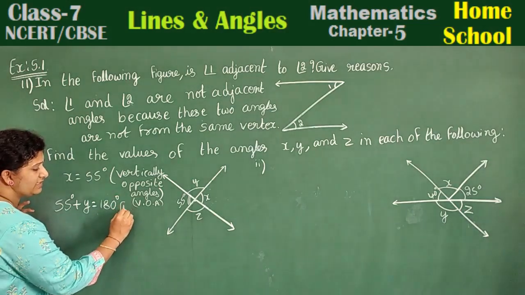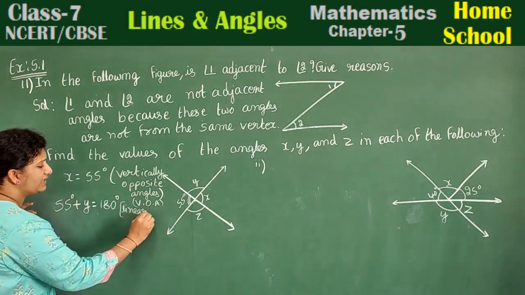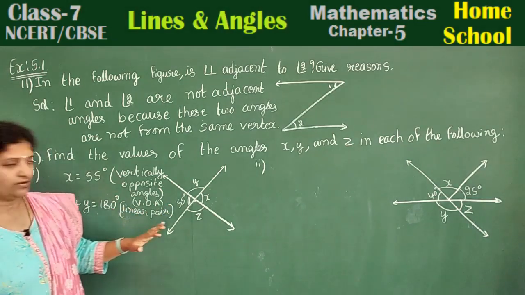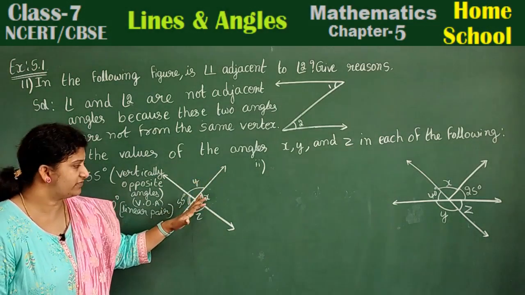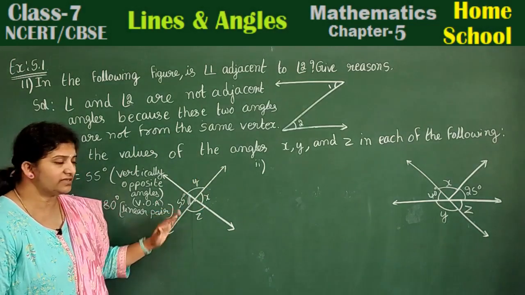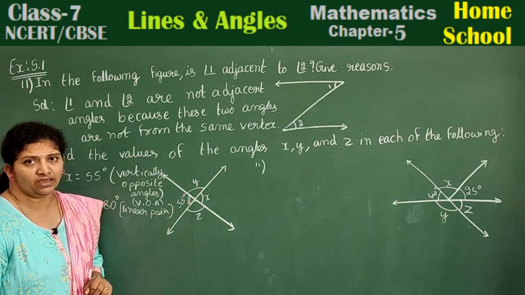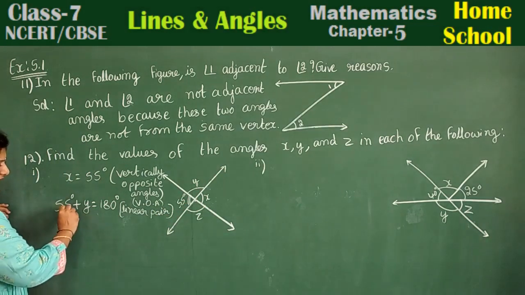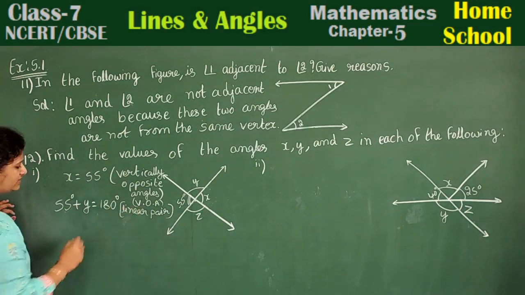Why? What's the reason? Linear pair, it is a straight line and the rays are opposite from the point. And I can say this is a linear pair. Sum of the two angles will be 180 degrees. We know 55 degree, right? One angle. So send this 55 degree to the other side.